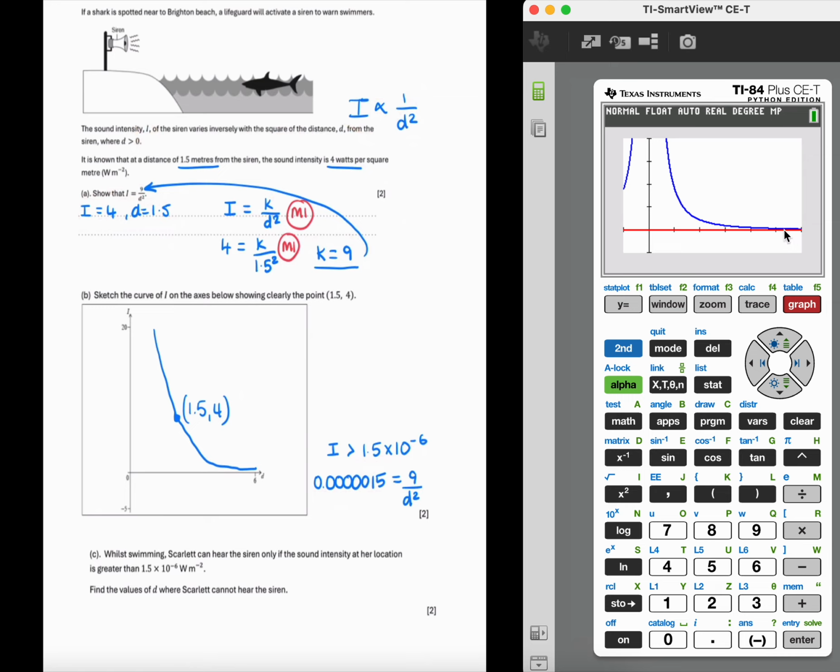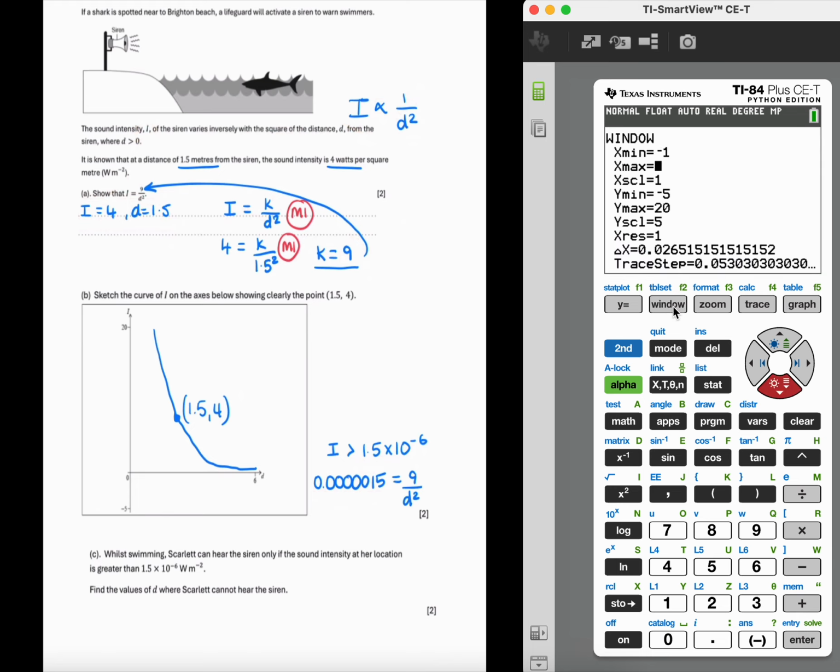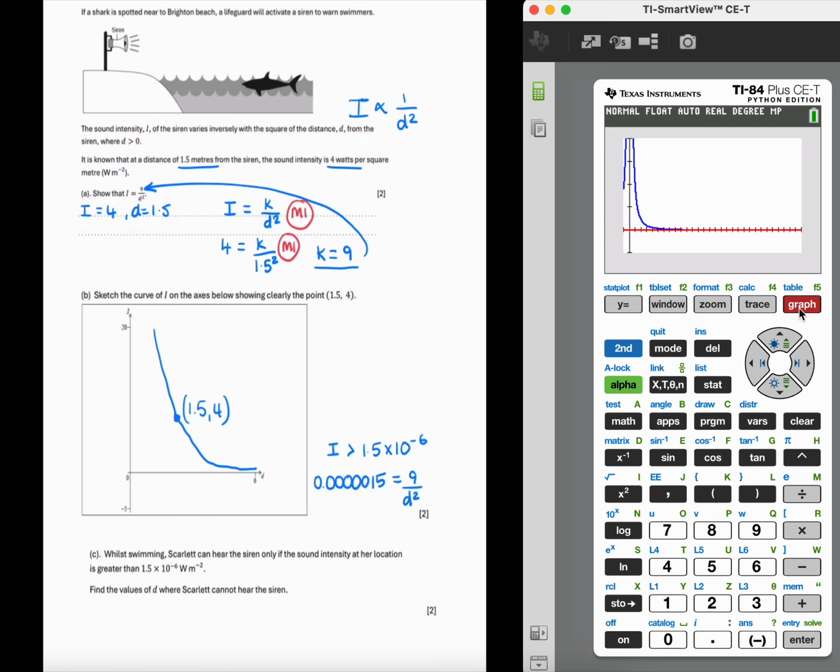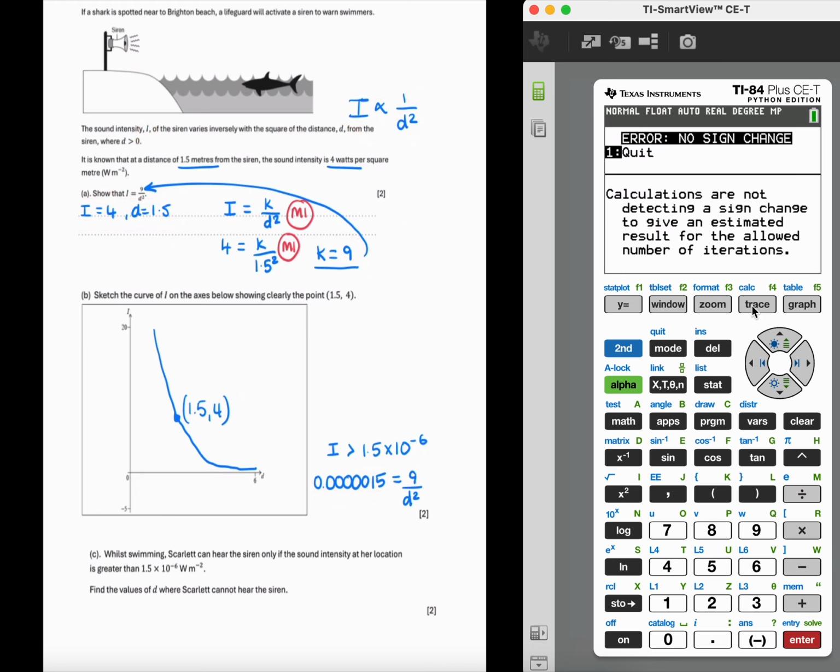And now I want to find the value of this point here. Now it may be that it's actually off my graph, so I'm going to change my x maximum to, let's try 30. And I want to find where that intersection is, so I'm going to do intersect. I'm not actually sure where it is, it's hard to see, so I'm just going to select up here. Okay, and there's no intersection found.